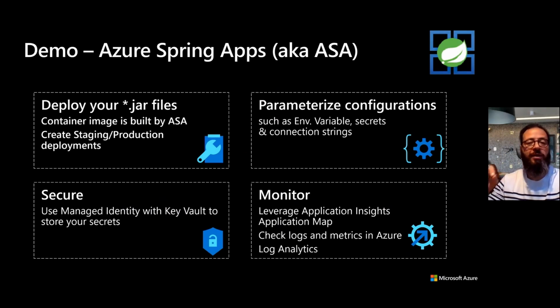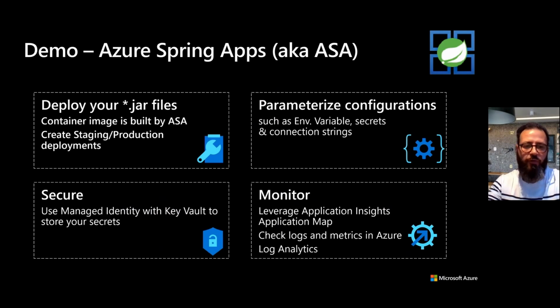Azure Spring Apps will kindly take care of all the build for me. I just need to provide my applications. I will provide here a jar file. So we'll see then how to parameterize the configuration, how again to secure the secrets using Key Vault, and how to leverage the monitoring tool.